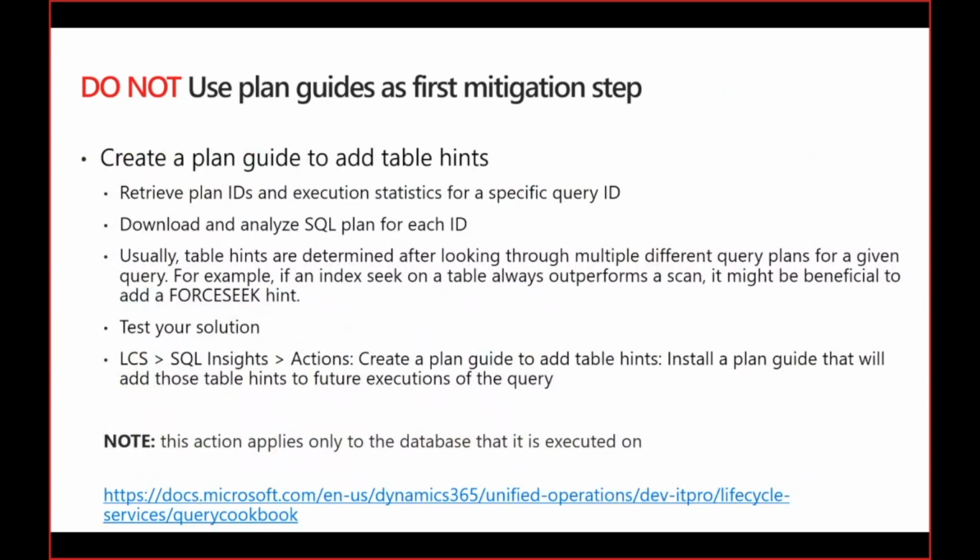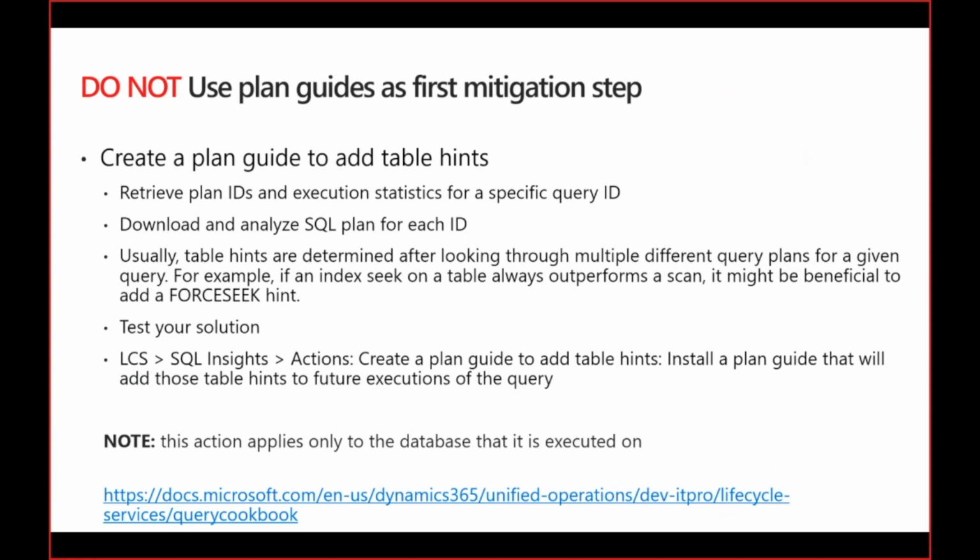The last option in LCS where you could create a plan guide is, for example, when you want to add specific table hints. It could be a similar exercise that you do, and in the end you determine maybe you do not want to force a specific plan. But for example, you see that for one of the tables that you're querying on, it's always doing a scan when your analysis and testing show a seek would be better.